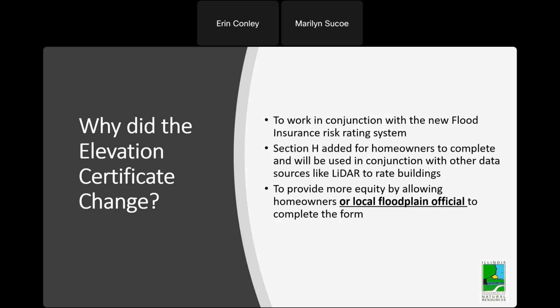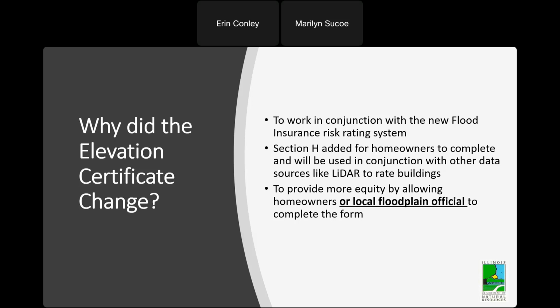And now Section H is for any property, any building, doesn't matter where the building is located. And it also provides better details for the use of a local official to use the form for compliance checks.